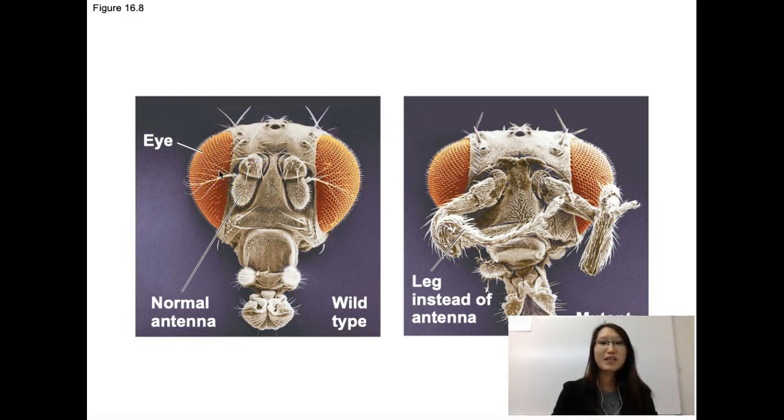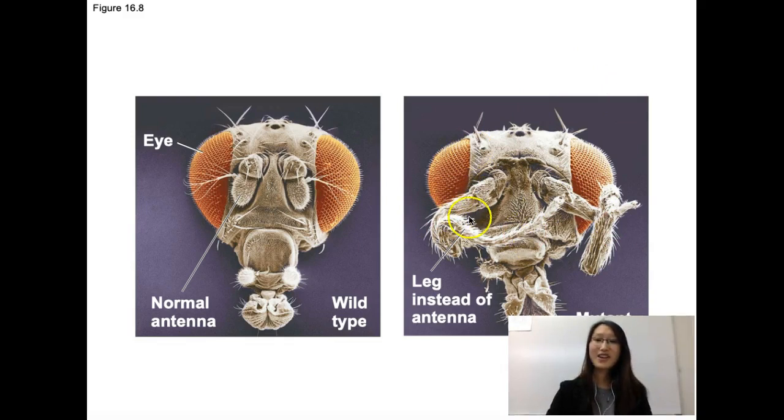And also the cytoplasmic determinants tell the fruit fly that this is the location out of this entire embryo, this is the place to grow a head. However, if the homeotic gene that's in control of growing a leg gets expressed where the head is, then it's going to grow a leg instead of an antenna on the head, right?